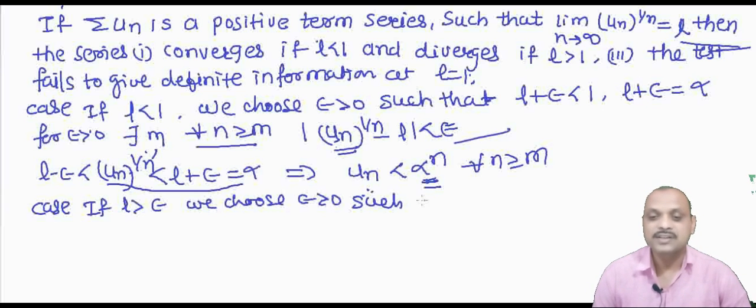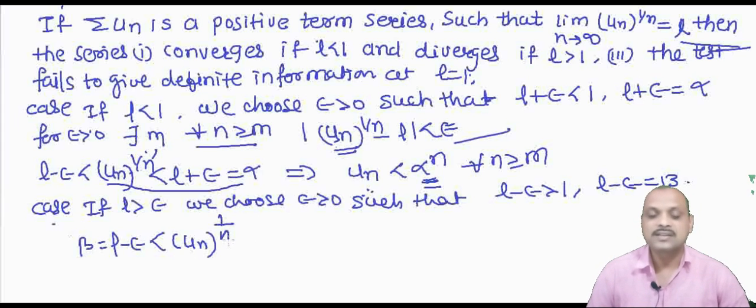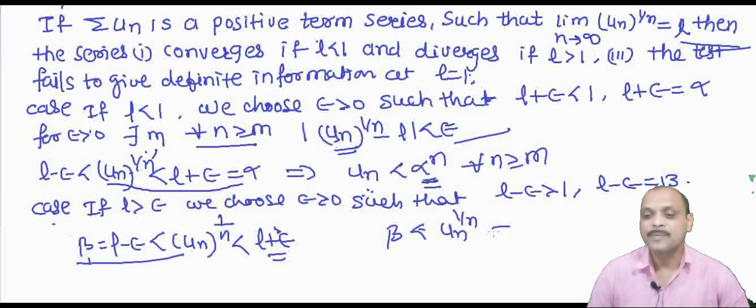Again by the definition of limit, beta, that is L minus epsilon, is less than un whole raised to 1 by n, which is less than L plus epsilon. Then consider the first part of this inequality: beta is less than un raised to 1 by n. Now taking the nth power on both sides, beta raised to n is less than un.